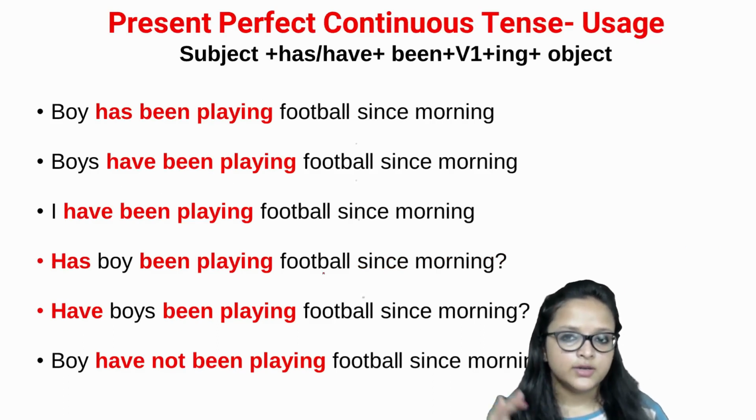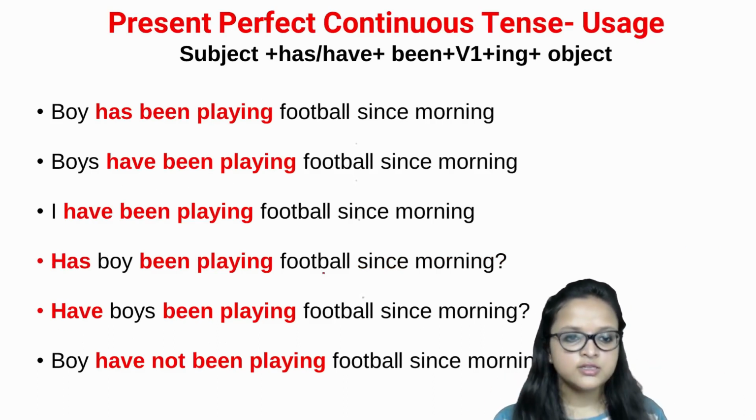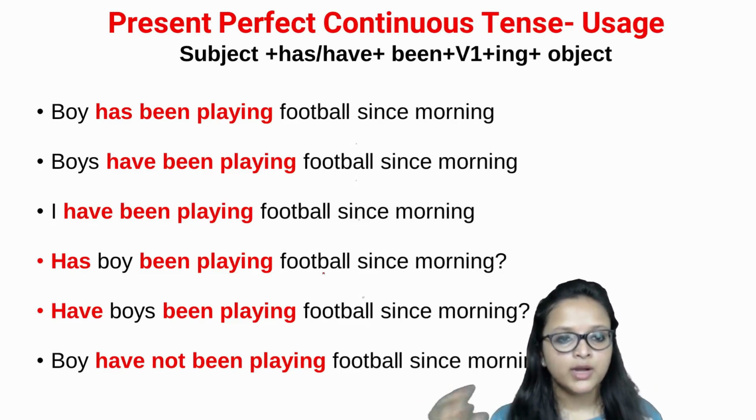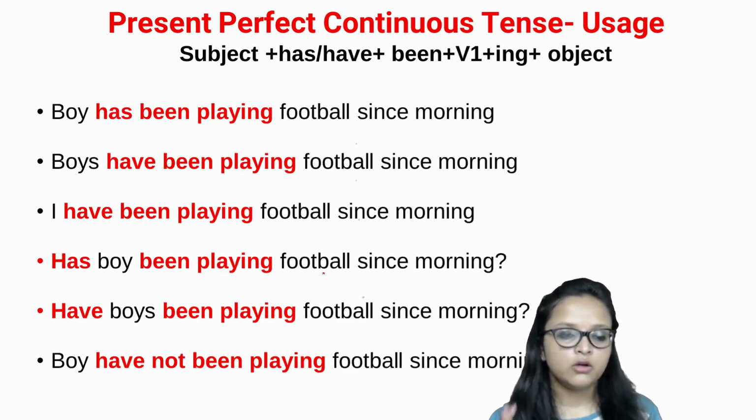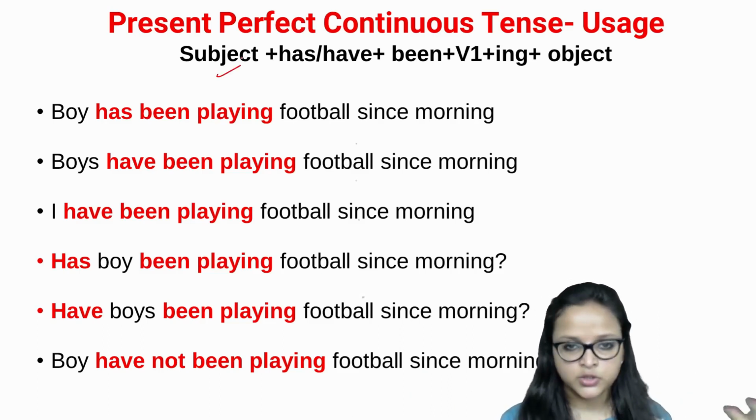present perfect continuous tense. Here it is a combination of perfect and continuous. It means in perfect tense you don't need to mention time. You are not supposed to mention time, but you need to know that activity is being continued, is in progression. Present perfect continuous tense. Okay, so you use subject. As we know, we need subject.